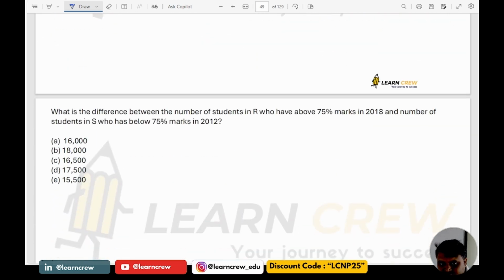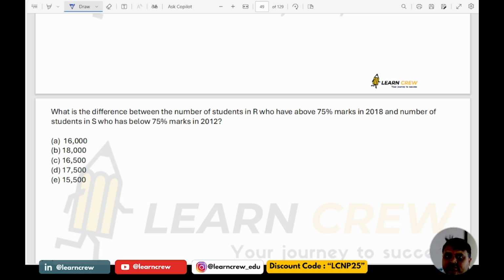What is the difference between the number of students in R who have above 75% in 2018, and the number of students in S who have below? If you observe the graph, I have the sheet in my hand, that's why I am able to answer.